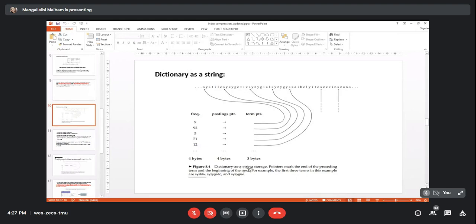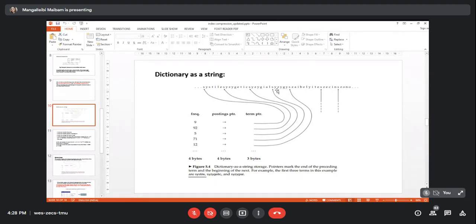So dictionary as a string storage. In this technique, pointers mark the end of the preceding term and the beginning of the next. For example, the first three terms in this example are systile, syzygetic, and syzygial. First three terms, one, two, three.